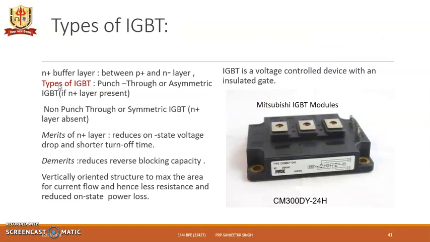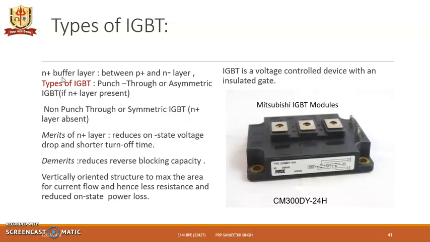Types of IGBT will depend upon the N plus buffer layer. It is present or not present between the P plus and N minus layers. If it is present, then it is called punch through or asymmetric IGBT, and if not present, then it is non punch through or symmetric IGBT.